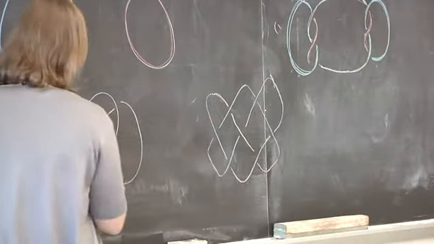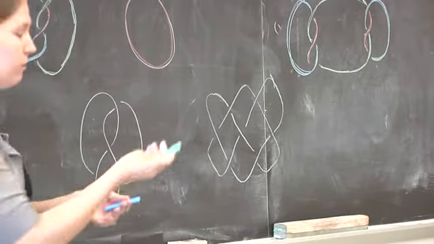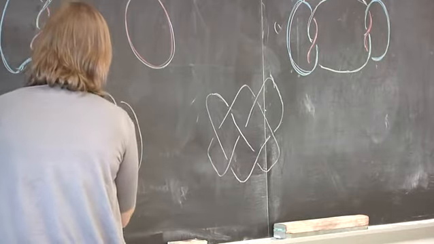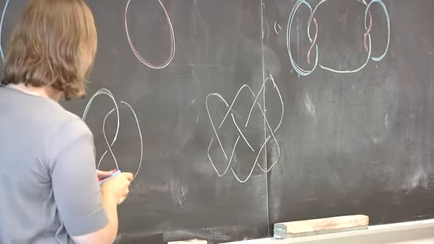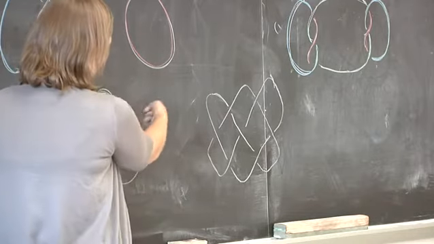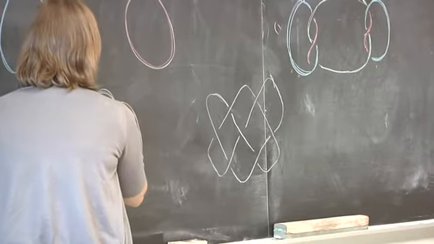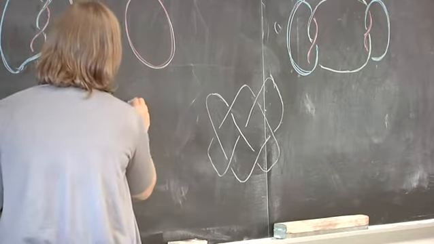So, because you only have 3 colors, it doesn't matter which one you pick. So we pick green. I'm going to do this strand in green. So you just pick a crossing. So here's a crossing. I'm going to choose this strand to be red and this strand to be blue.